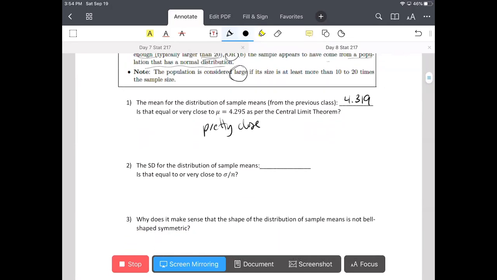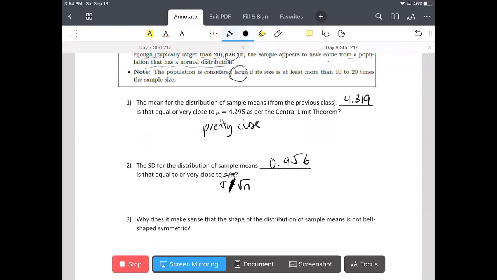Now the standard deviation for this sample means was also given to us, and that's 0.956. Is that equal to or very close to? Now I want you to make a correction here. I lost a square root. It should be sigma over the square root of n.